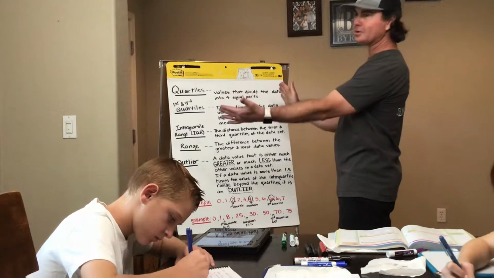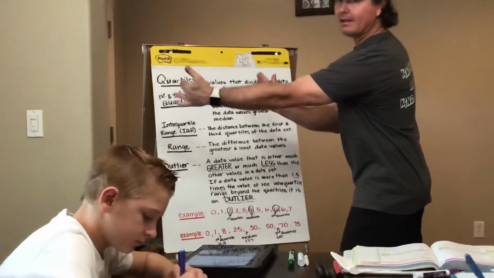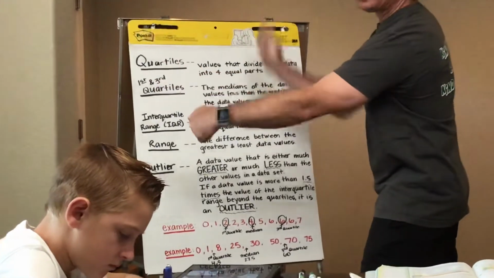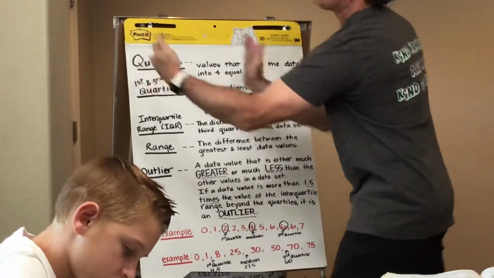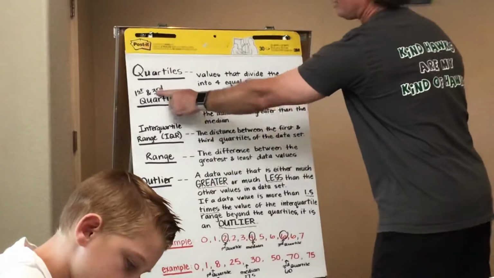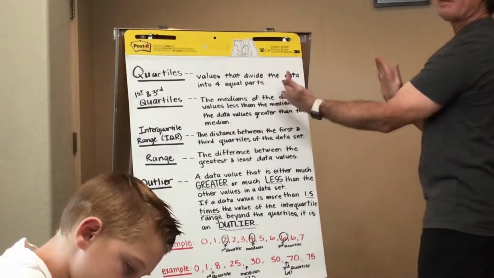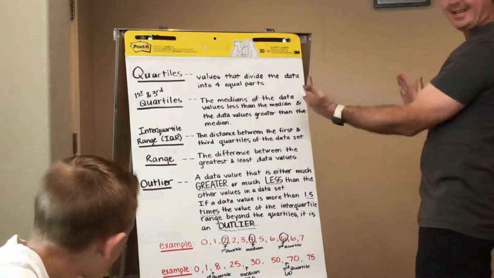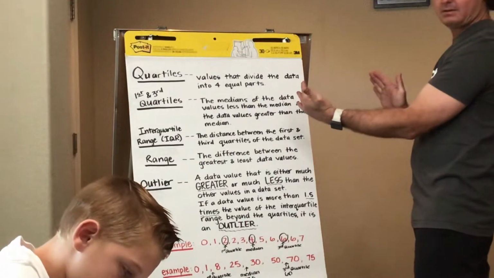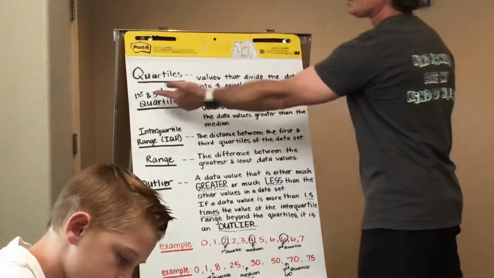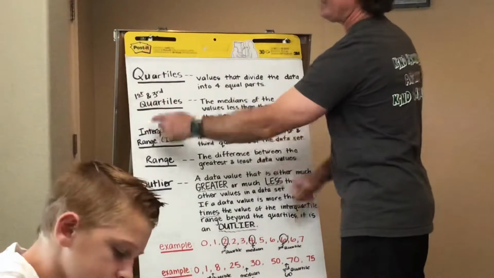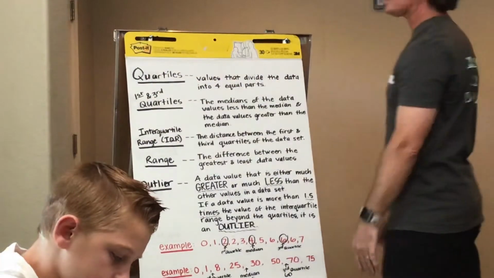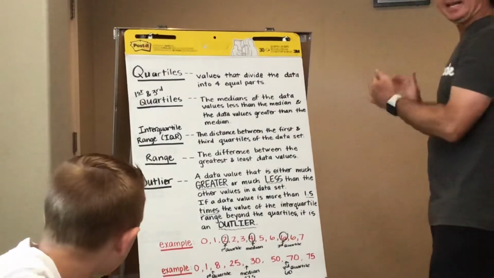Well, all the first quartile is, is the middle of the first half. So once you split it in half with the median, now we're just going to find the middle of the first half, and then the third quartile, we're just going to find the middle of the second half. Get it? So the first quartile is really just the median of the first half, and the third quartile is the median of the second half.